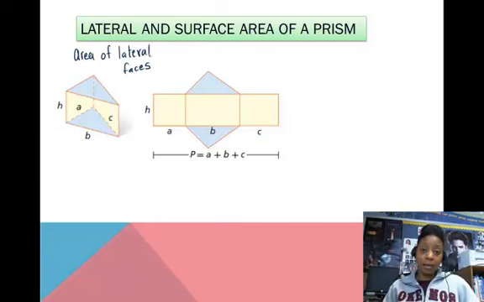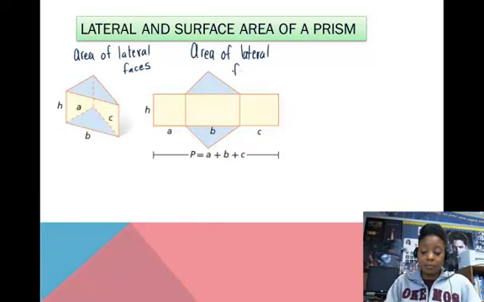And in a prism, the lateral faces are going to be all of the rectangular faces. This prism here is a triangular prism. It has a triangle on the top and a triangle on the bottom, and then three lateral faces. Surface area then would be the area of the lateral faces plus the area of the two bases.